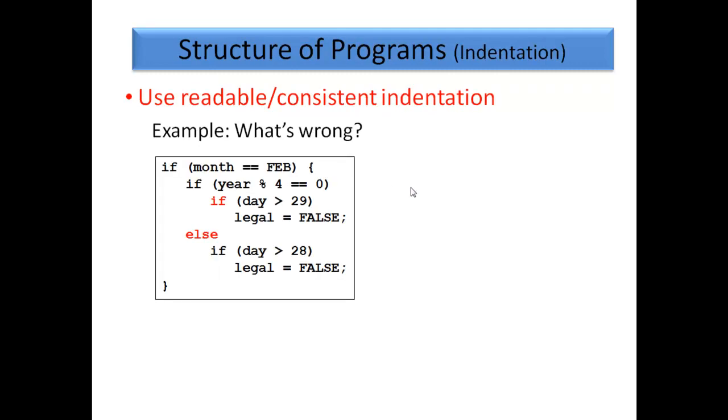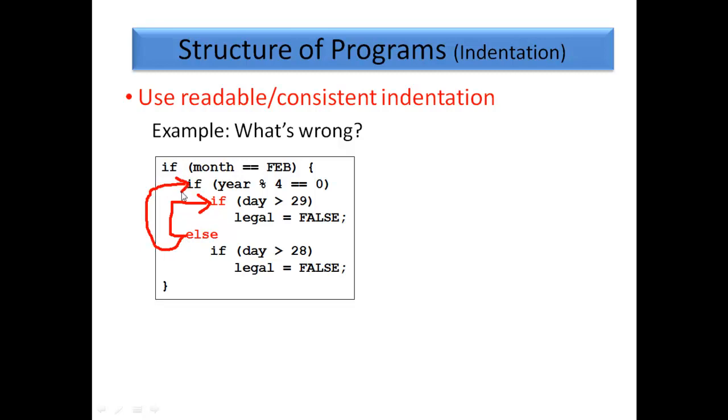Then, just observe this code for a minute and think about what's wrong with it. As per this indentation, this else seems to belong to this if. But actually it is not so; this else is actually part of the other if.